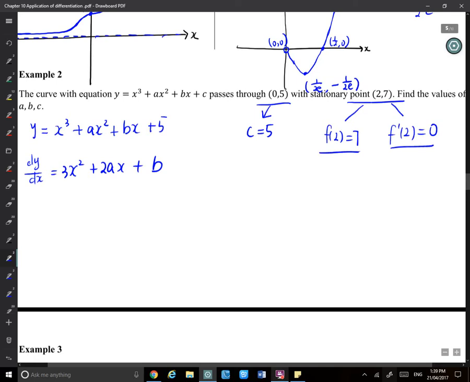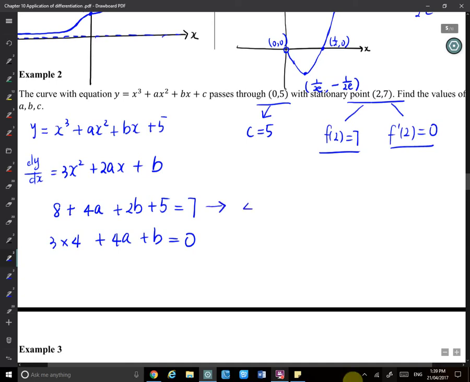So f(2) gives you 8 plus 4a plus 2b plus 5 equals 7. f'(2) is 0, so 3 times 4 plus 4a plus b equals 0.